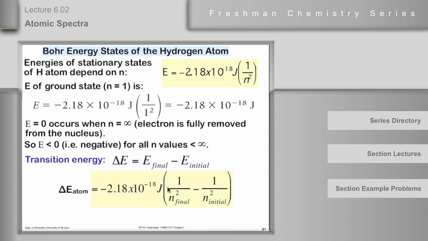But the shape of it, the general appearance of it looks very similar. So this is Bohr's equation for calculating the change in the energy of the atom. And of course, remember, that's equal to minus E of the photon.